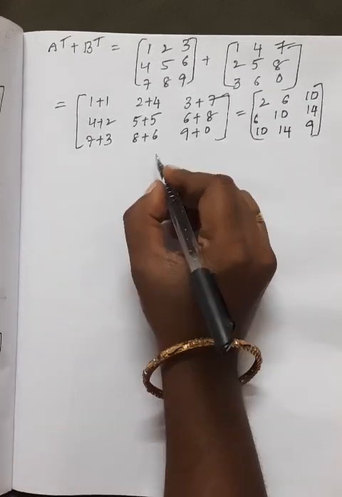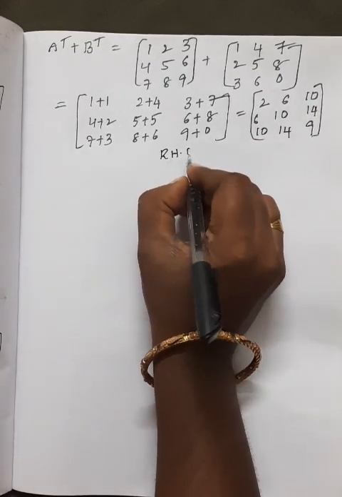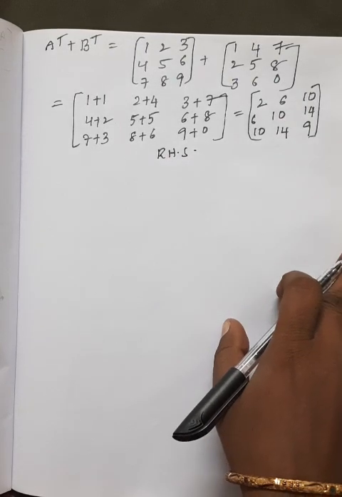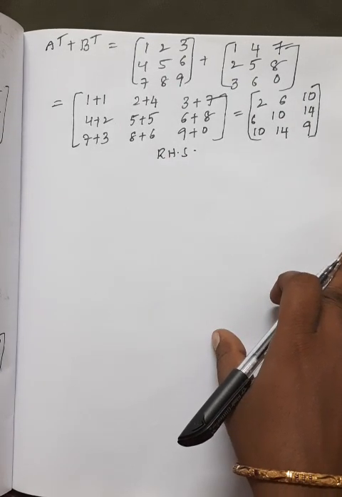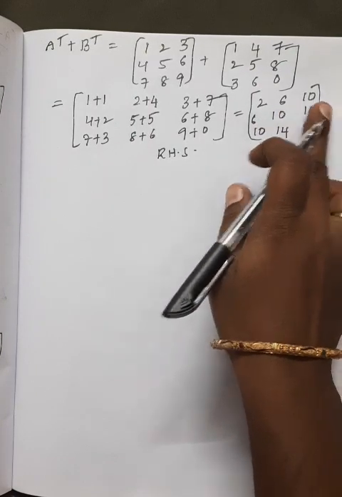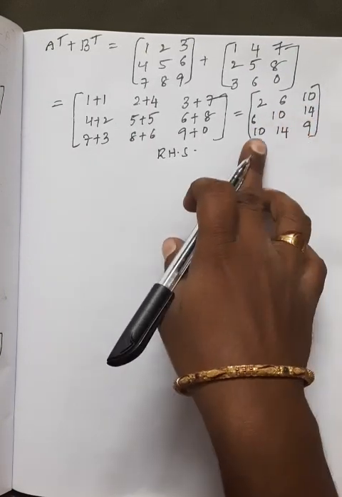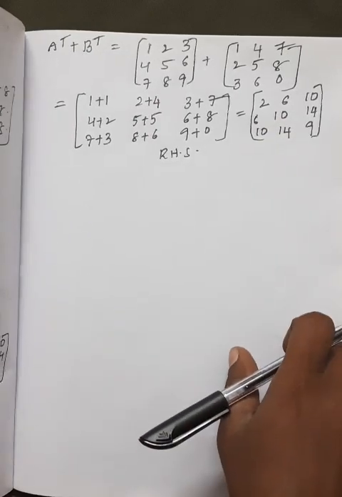So this is the RHS. Now we have to compare whether LHS is equal to RHS or not. So here 2, 6, 10, 6, 10, 14, 10, 14, 9 is our RHS answer.